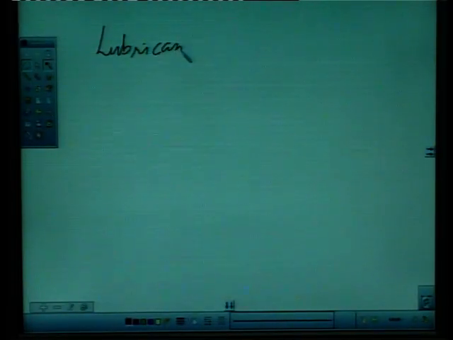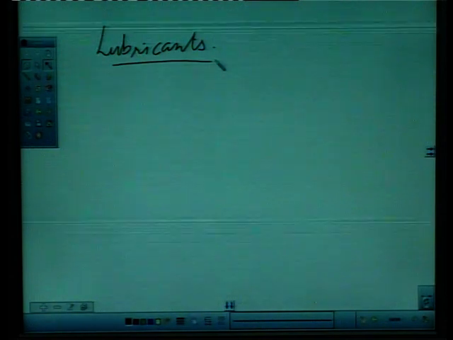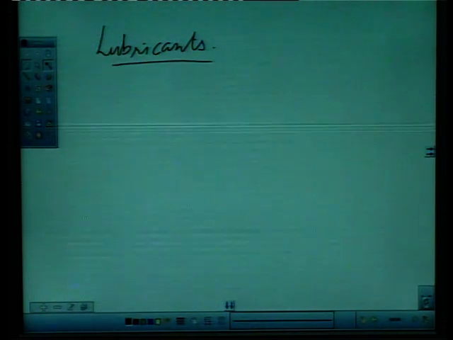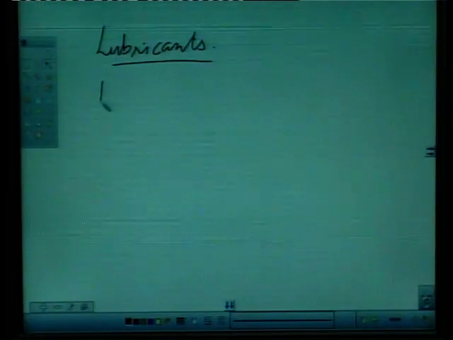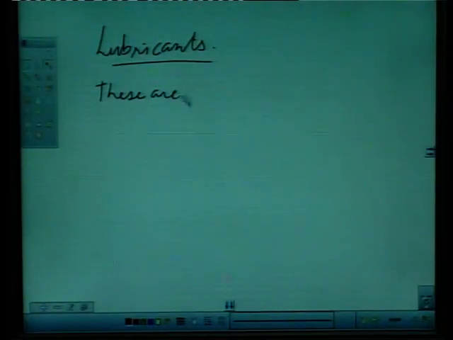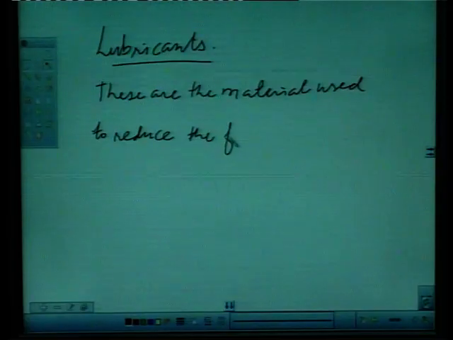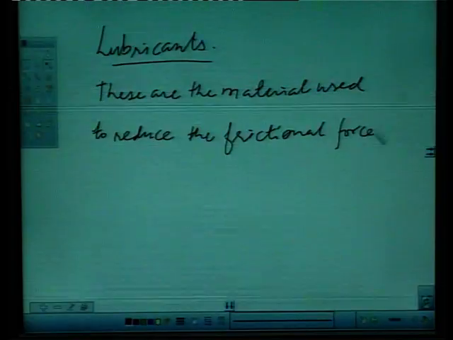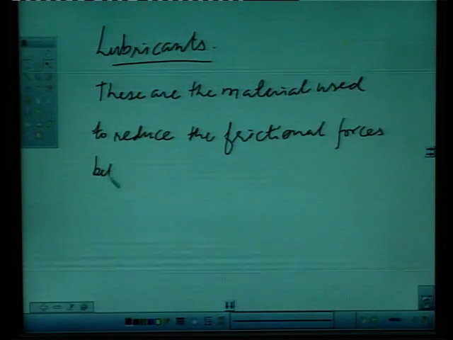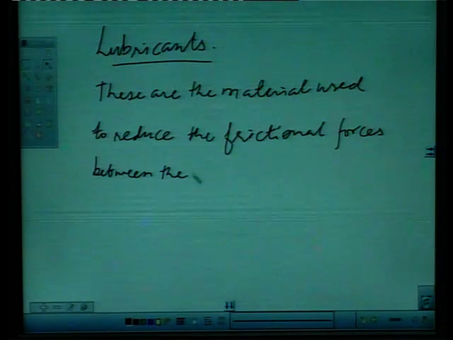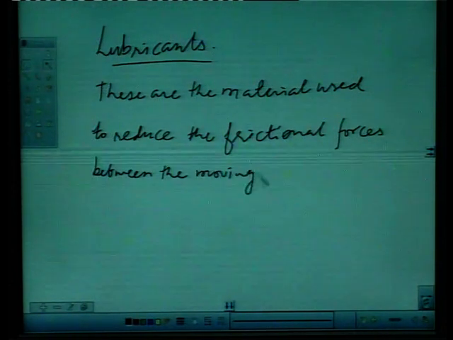So what are lubricants? Lubricants are the material used to reduce the frictional forces between the moving parts of a machine.